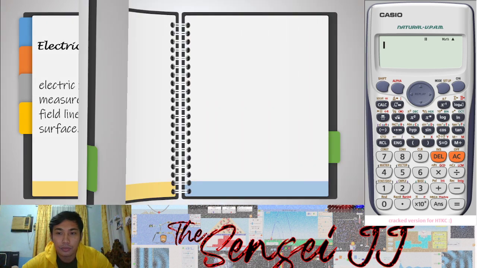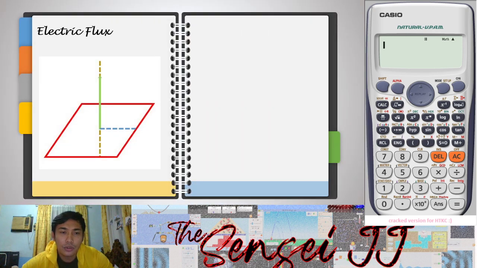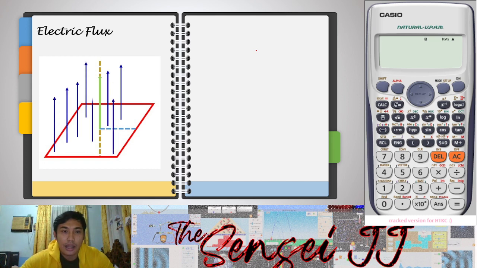Moving on. For example, the red line is our area. The green lines indicate our electric field lines, and there is not just one, many electric field lines pass through. You can see that those lines are perpendicular.